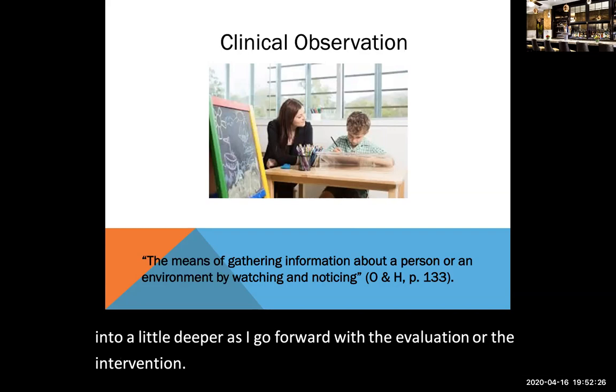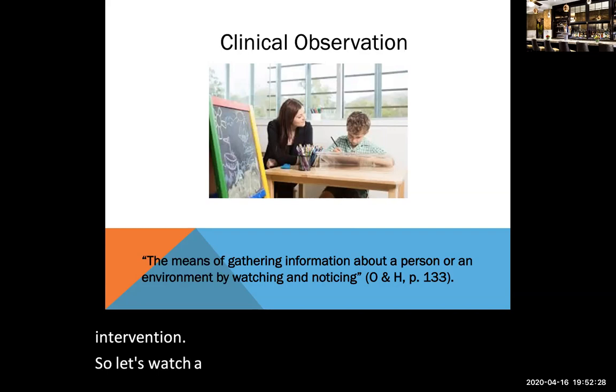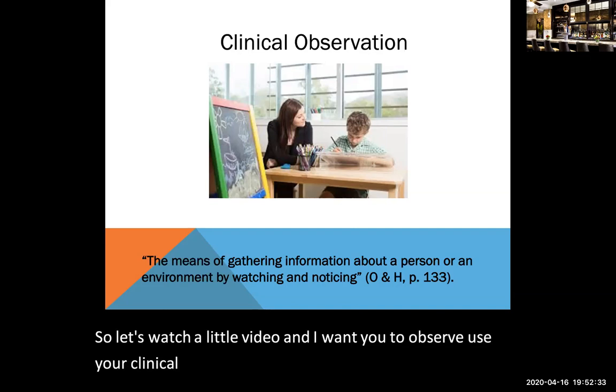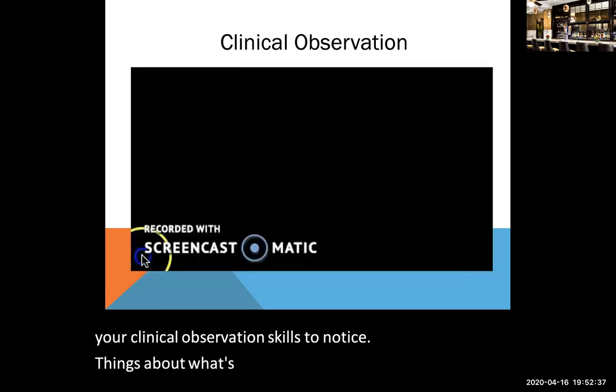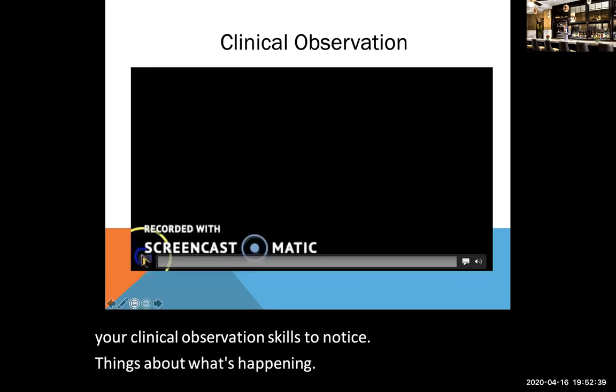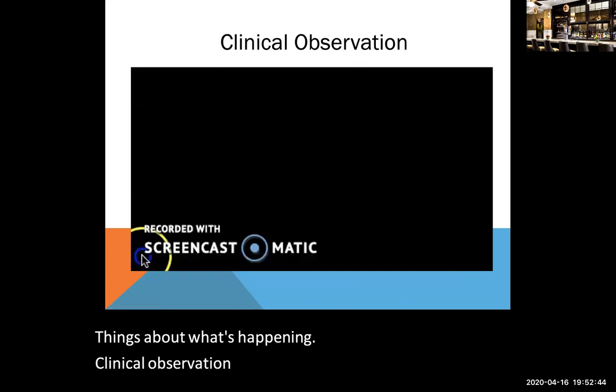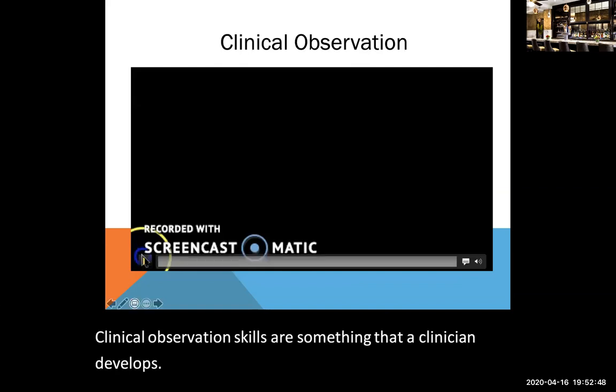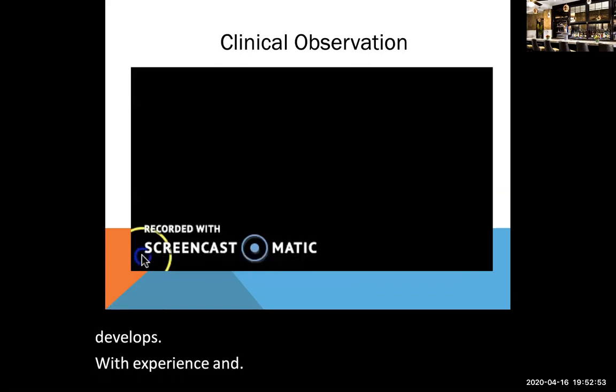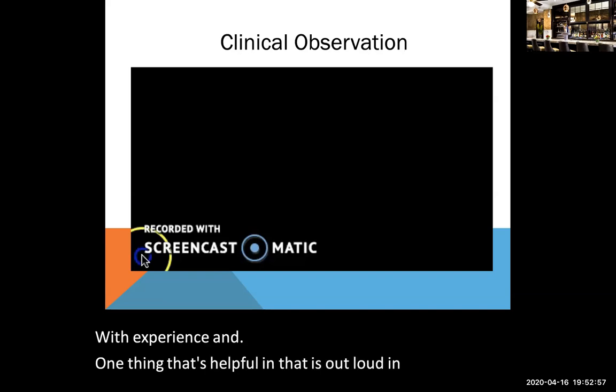So let's watch a little video, and I want you to observe. Use your clinical observation skills to notice things about what's happening. Clinical observation skills are something that a clinician develops with experience, and one thing that's helpful in that is out louding the process with another clinician.